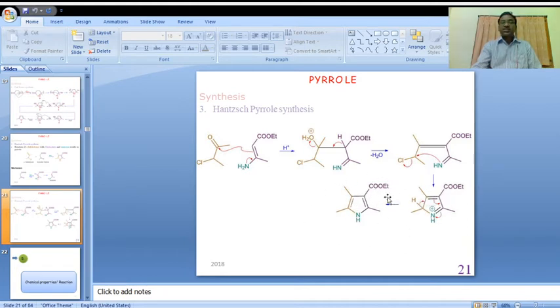Finally, we get substituted pyrrole. This is the final mechanism part of Hantzsch synthesis.